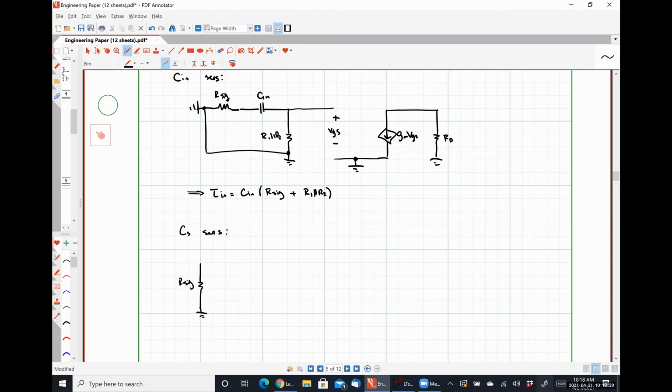So here's R sig connected to ground. Our capacitor Cn is now short circuited. So here we have R1 in parallel with R2. gm VGS.